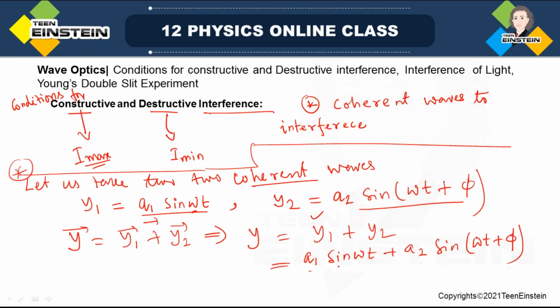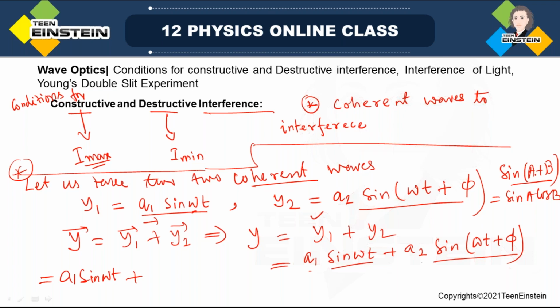Now look here, we can use the identities of trigonometry. So what we'll do here, a1 sine omega t is all right, I'll keep this as it is. Then here I'll write, I know sine of a plus b will be sine a cos b plus cos a sine b.